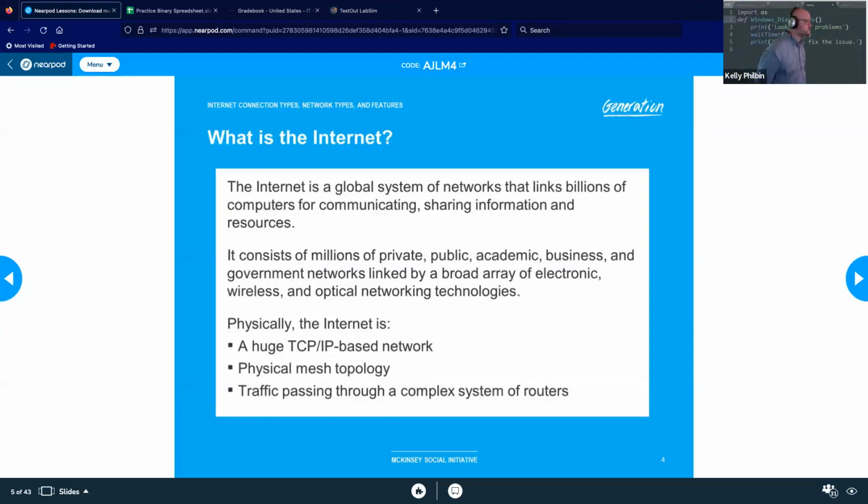From a physical sense, the internet is essentially a huge TCP/IP based network, which we talked about last week, utilizing a physical mesh topology where almost all nodes are connected to all other nodes. And it makes it very difficult to bring the internet down.